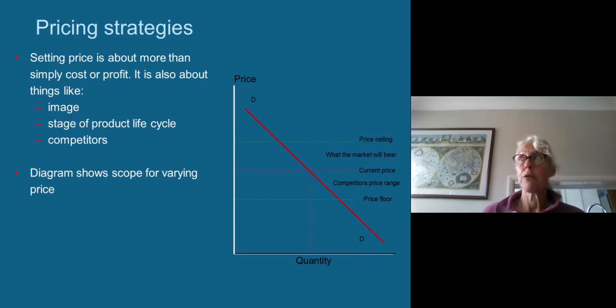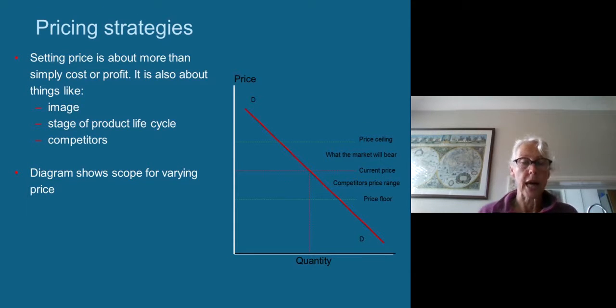And there are other things you can think about. If we think about events in venues, there are certain kinds of events that you might want to have quite a lot of people at. No one likes to go to a nighttime venue and find there are not many people there. So if you set your prices too high, you might not be able to sell enough tickets and there might be no atmosphere in that place.